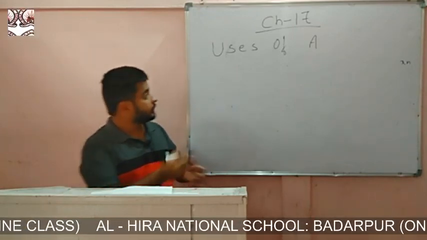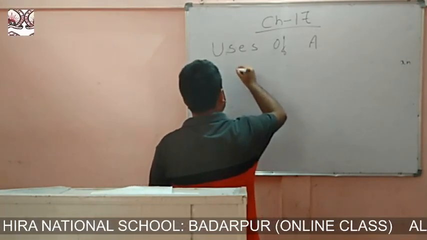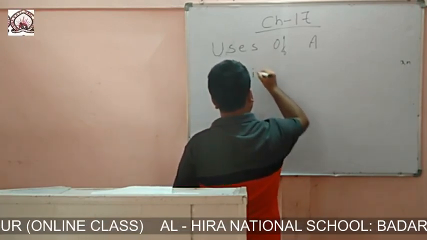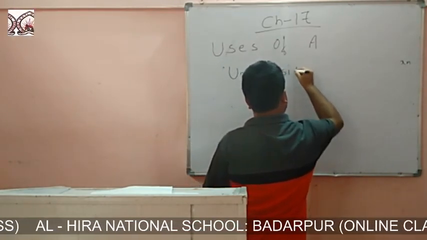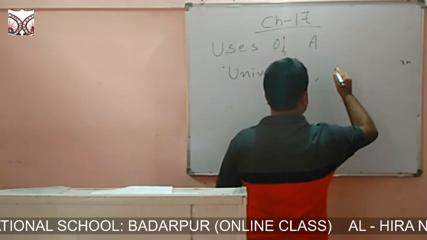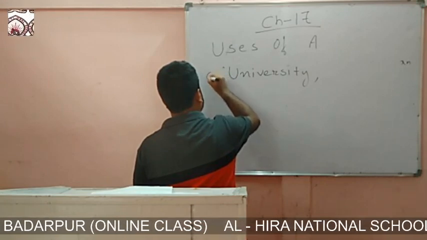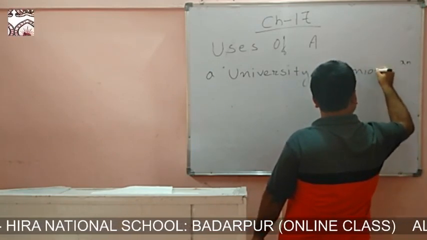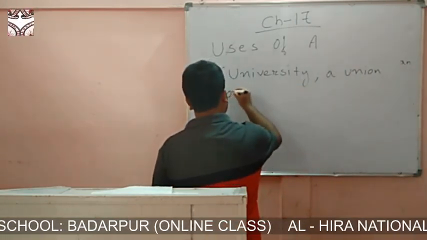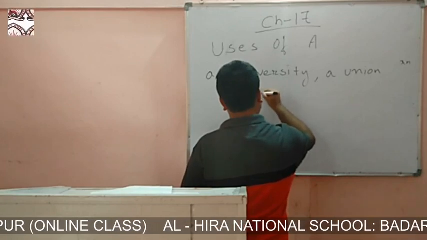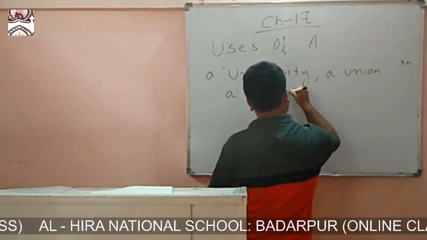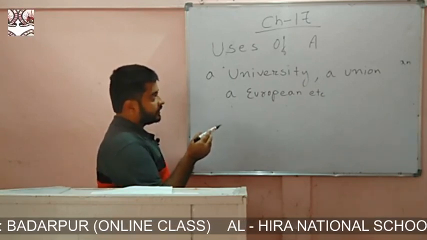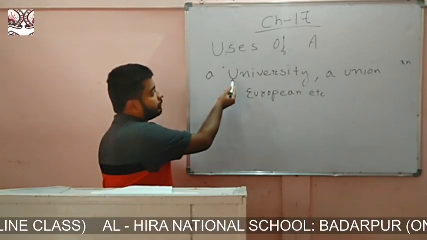For example, university, a university, a union, a European, etc. We will use a if we find a word like this, which looks like it starts with a vowel but does not sound like vowel.